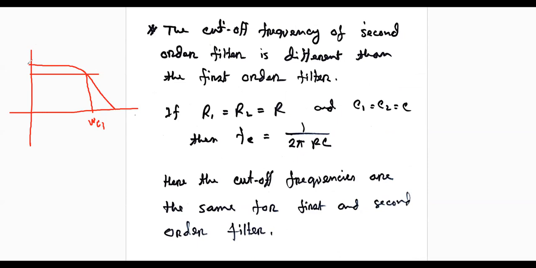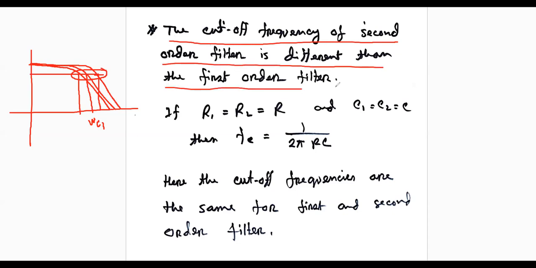Now, if you increase the order of the filter, the cutoff frequency could change its position. It might be shifted to the left or to the right. Whatever the case, the cutoff frequency of the second order filter is different from the first order filter.